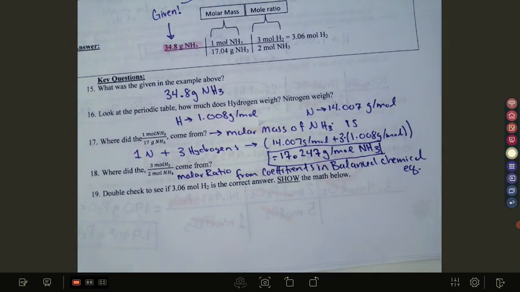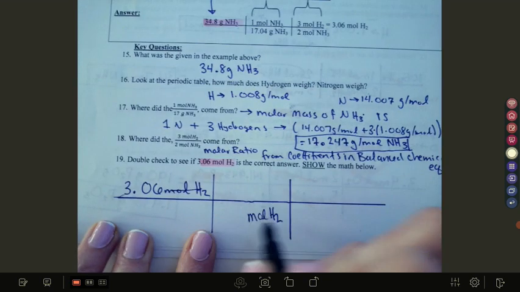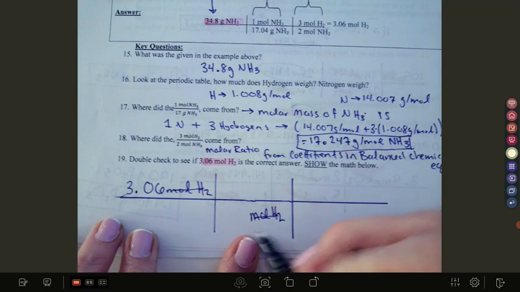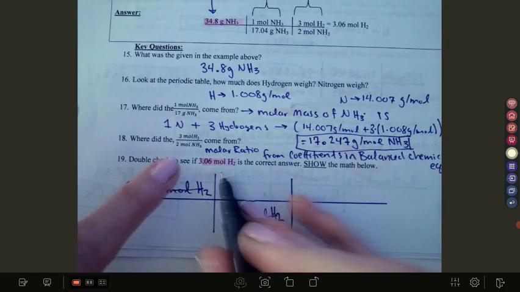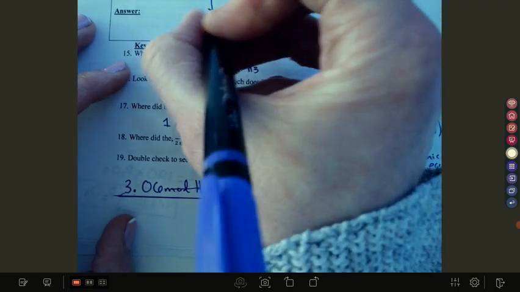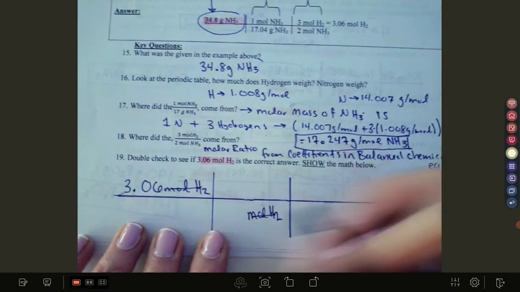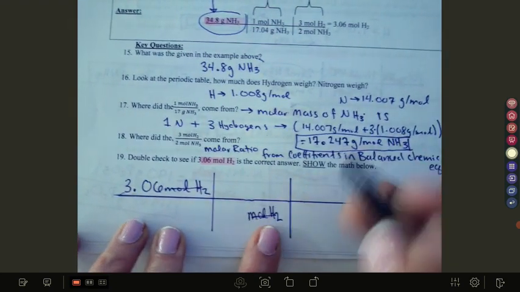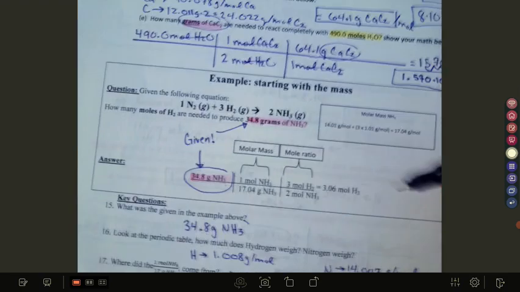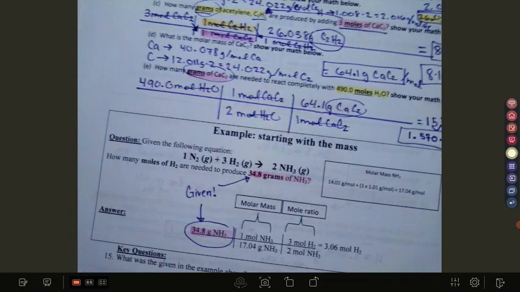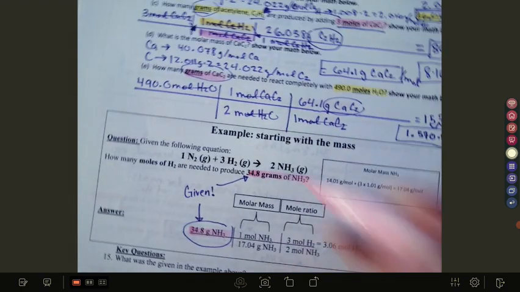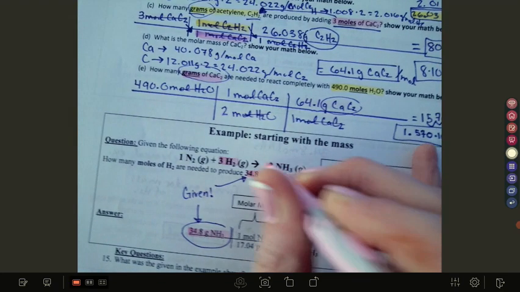Yeah, mass to mass. So you go mass to moles, moles to moles, moles to mass. All right, so when we are going from moles of H2 back to what they wanted, which would be grams of ammonia, we know that we have to get from one part of an equation to the other, so we're going to go from moles of hydrogen to moles of ammonia.